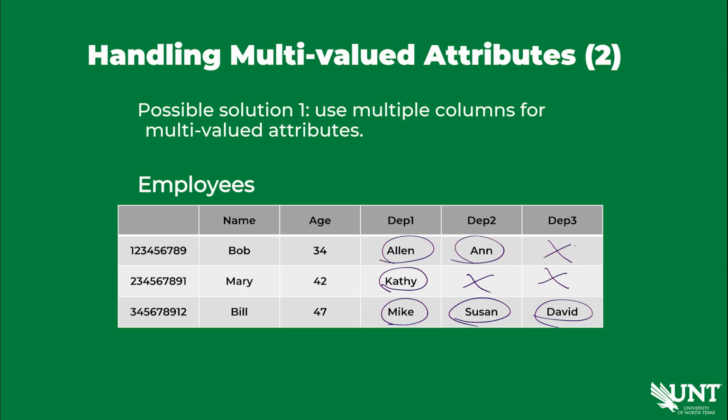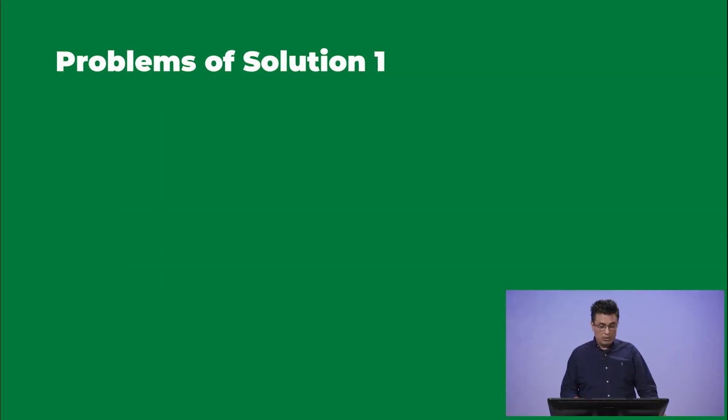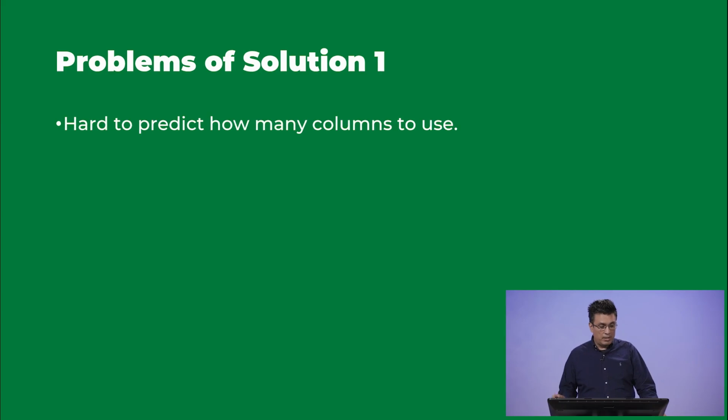Now, this is solving the issue about multi-value attributes, but then we will also notice that it's difficult to decide the number of columns that we need to add. For this specific example, we got a maximum of 3 dependents, which is solving the problem.